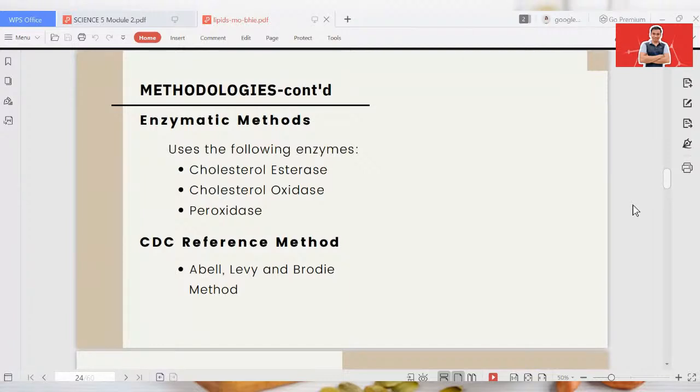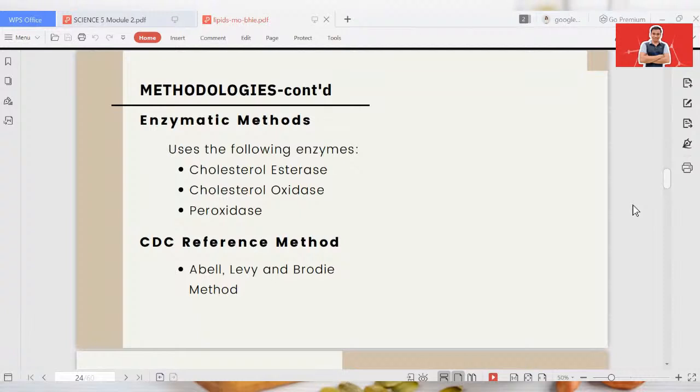Then next is the oxidation of cholesterol with cholesterol oxidase to form hydrogen peroxide, where in this step, cholesterol is oxidized or added with oxygen. With the use of the cholesterol oxidase, it will form hydrogen peroxide.